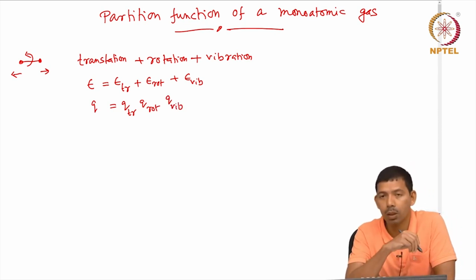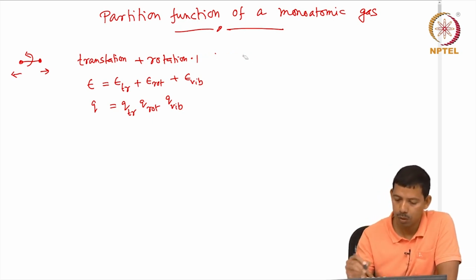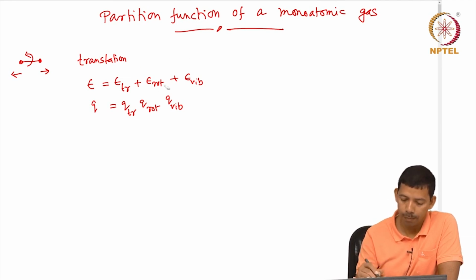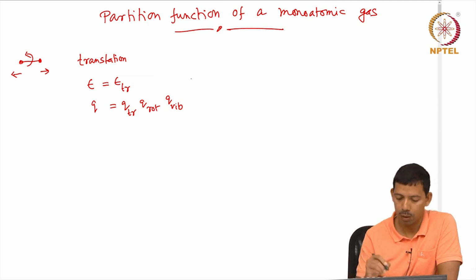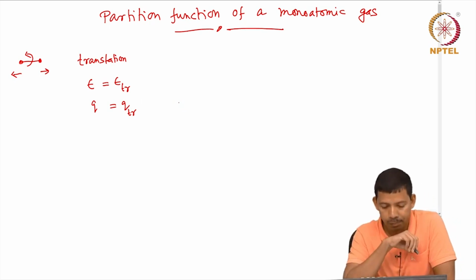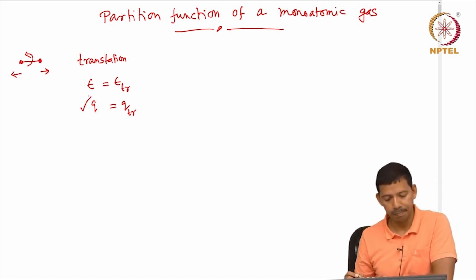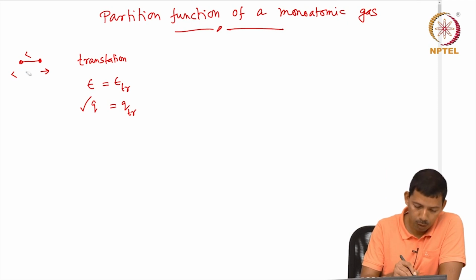But in this case, we are talking about a much simpler system where we have no vibration and no rotation, and therefore the energy contribution has only the translational motion, and our partition function also has only Q translational. So, let us find out for this simple case what our Q is.